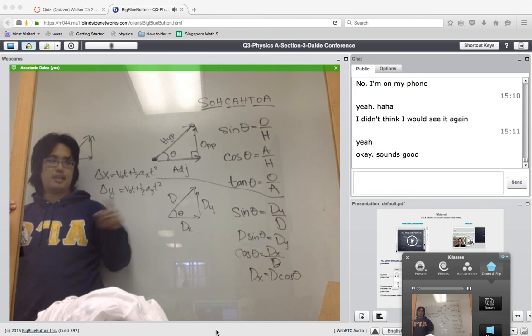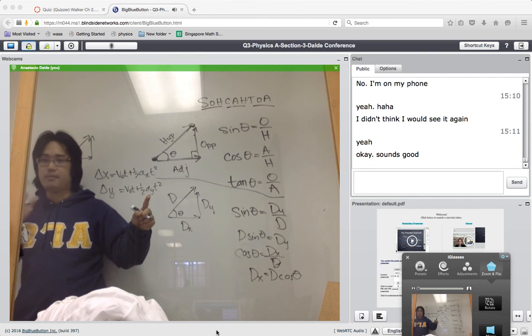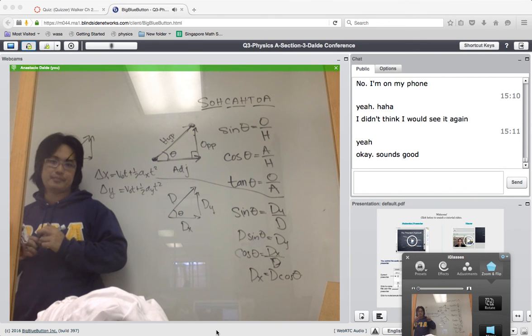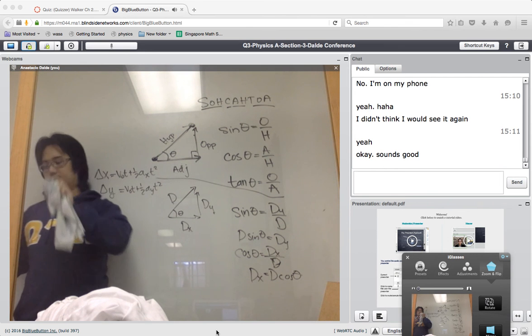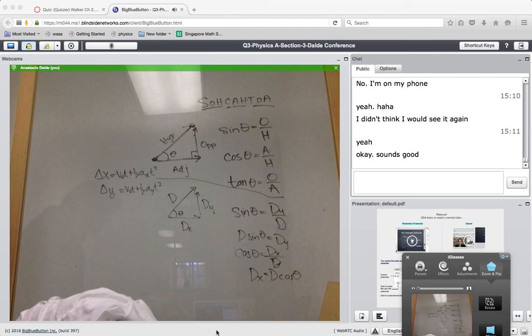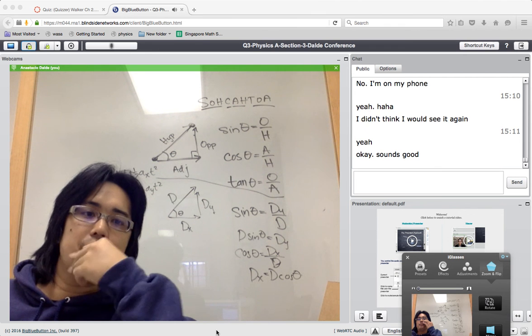That's why I put a little x over here and a little y over there, to remind me that I'm talking about acceleration in the y direction for this equation, whereas in the x direction for that equation. That's the big secret, my friend. If you can master that, I think you'll be sitting pretty well with physics.